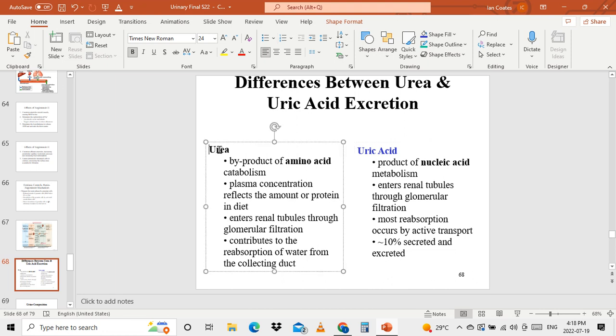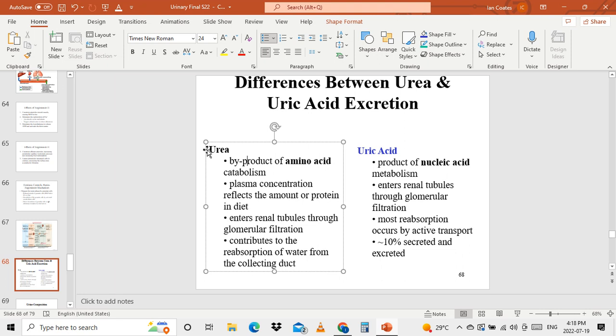And urea, funny enough, was the first human-made organic molecule. The university over in Prague, Czech Republic, Charles University, they were the first anywhere to actually produce and create an organic molecule, which led to the amazing science of organic chemistry.